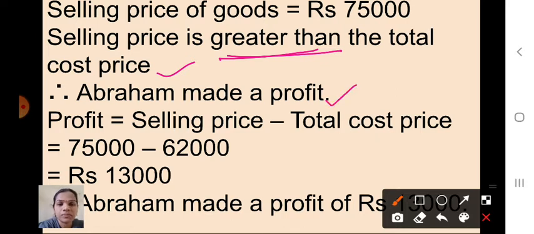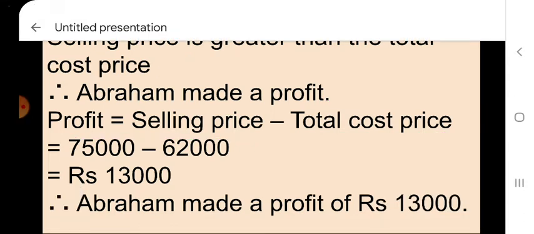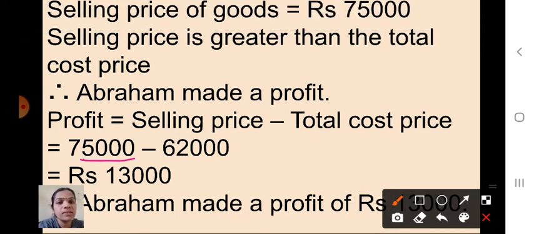Can anyone say what the formula of profit is? Profit is equal to selling price minus total cost price. So the selling price is 75,000 minus 62,000. If you subtract here, you will get 13,000 rupees.